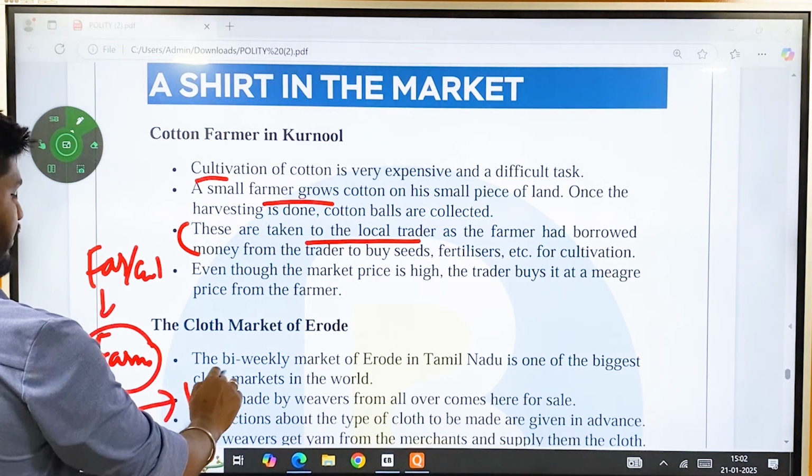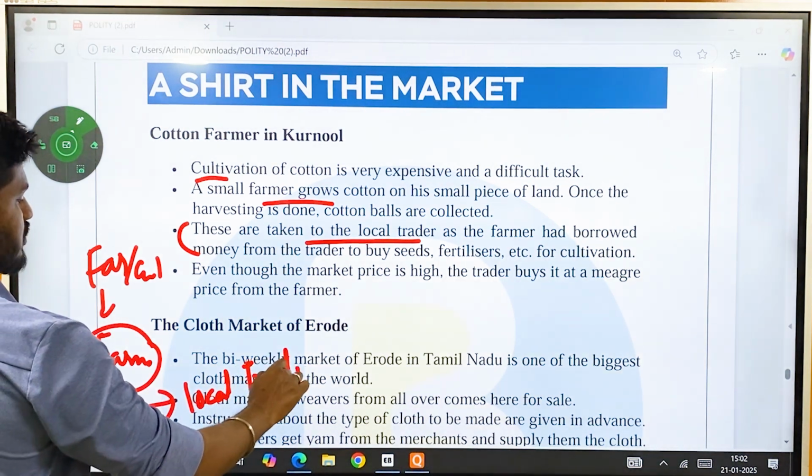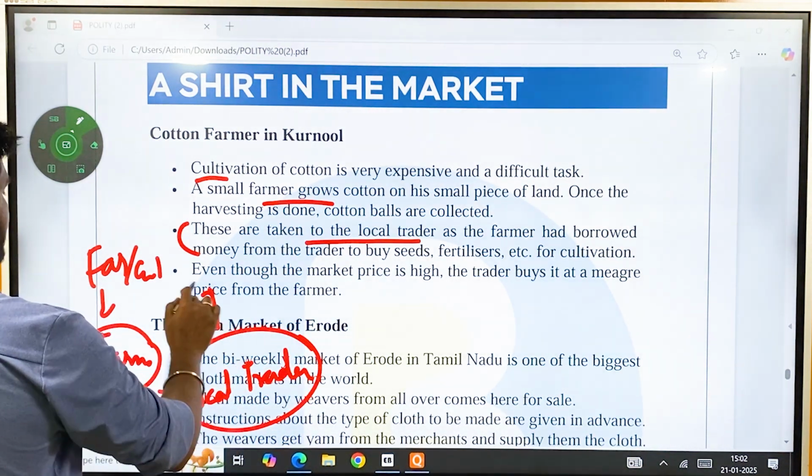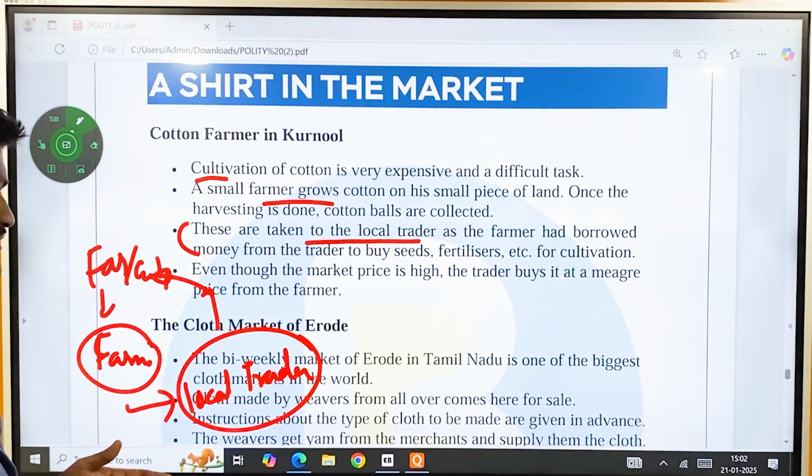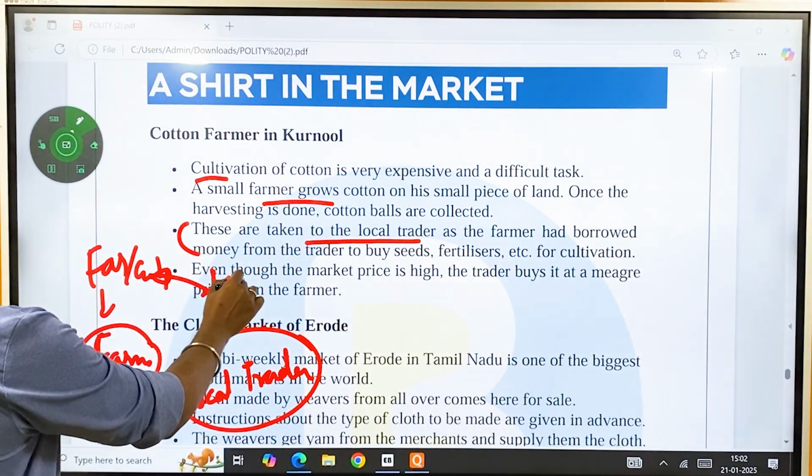Okay, why? Because the local trader had provided the farmer with loans.